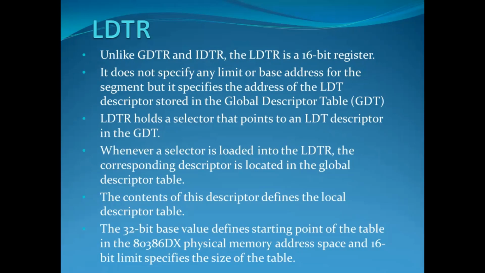Whenever a selector is loaded into the LDTR, the corresponding descriptor is located in the global descriptor table. The content of this descriptor defines the local descriptor table. The 32-bit base value defines the starting point of the table in the 80386DX physical memory address space, and a 16-bit limit specifies the size of the table.